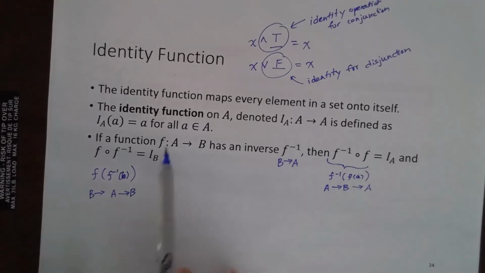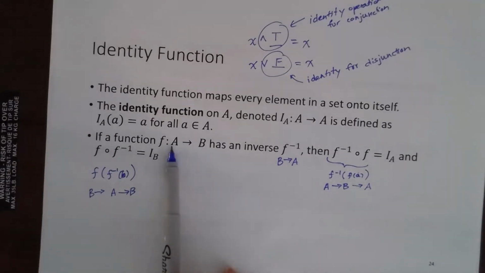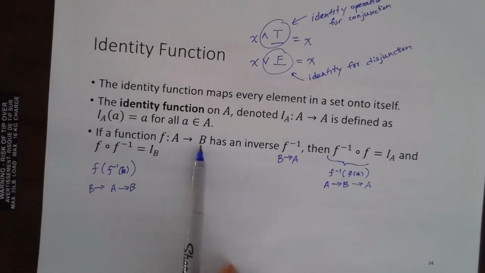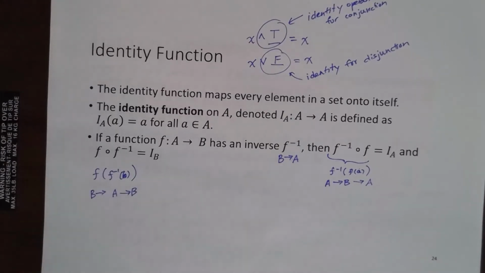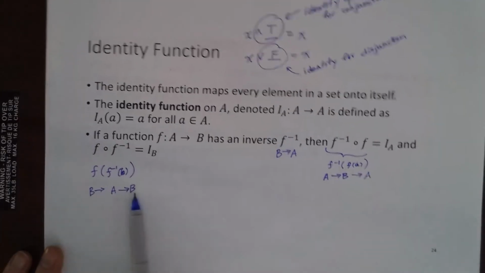Most of the things you've seen go from real numbers to real numbers, so you never really distinguished, because your domain and range are probably the same. But if they are different, they're going to give you two different identity functions, this one on A, this one on B.